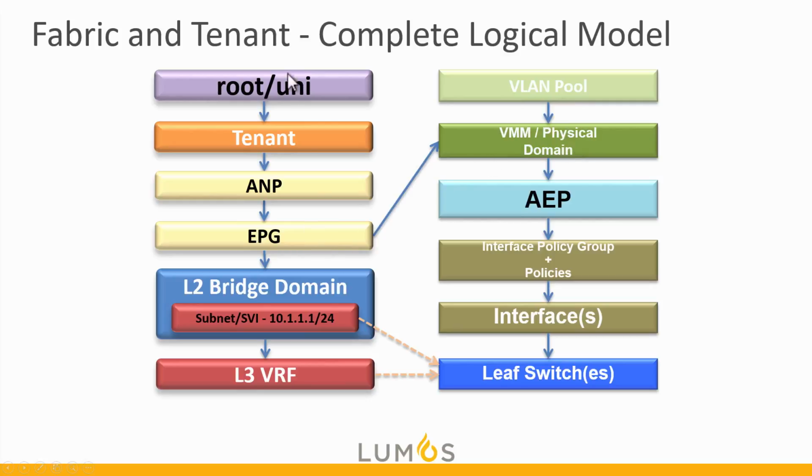And the linkage between the Tenant tab and the Fabric Access Policies is this EPG to domain association or mapping. The domain associates into the AEP, which says where we find things. So the EPG is the who, the domain is the how, and the AEP is the where, on which interface policy group as well as policies.